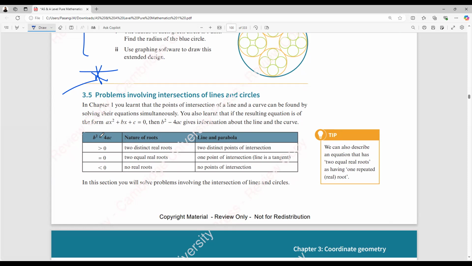If b squared minus 4ac is greater than 0, then there are two distinct real roots.